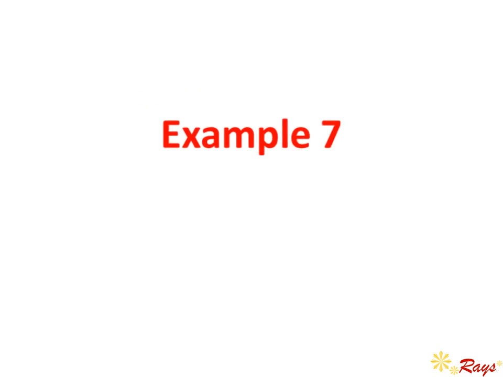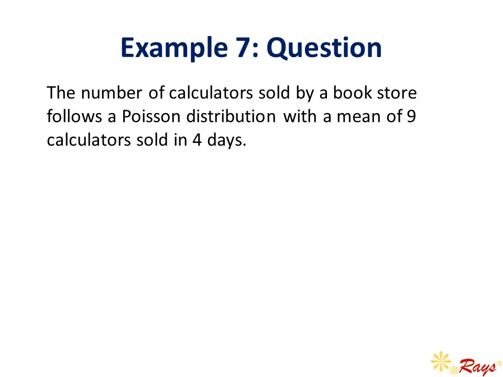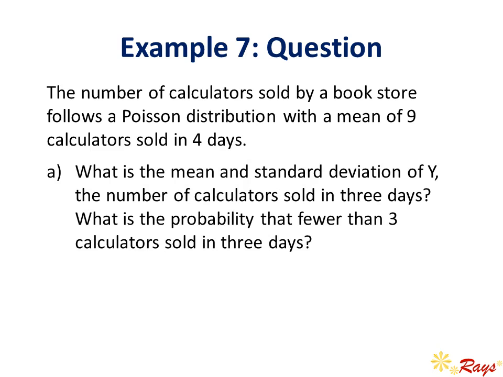Let us now look at example 7. Question for example 7. The number of calculators sold by a bookstore follows a Poisson distribution with a mean of 9 calculators sold in 4 days. A. What is the mean and standard deviation of Y, which is the number of calculators sold in 3 days?